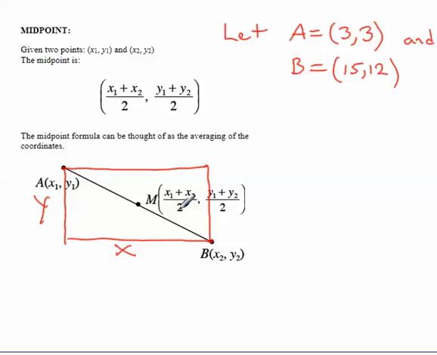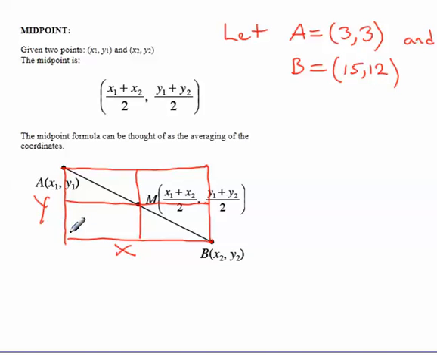To find the point in the middle, I want to find the middle of my x. If I add my two x values together and divide by 2, that finds the middle, the average. And if I do the same thing with the y, that finds the middle, or the average.